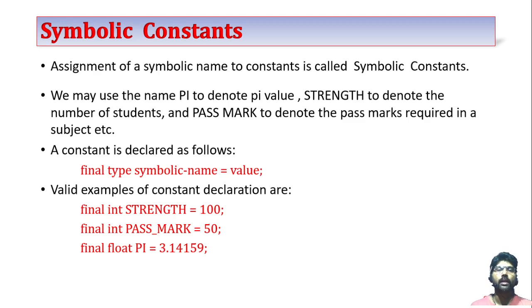If I use STRENGTH and put some value, it denotes the number of students. If I use PASS_MARK, there is no space here, I have to write an underscore, and that represents the passing marks of the student. It will be easily understood by the programmer.